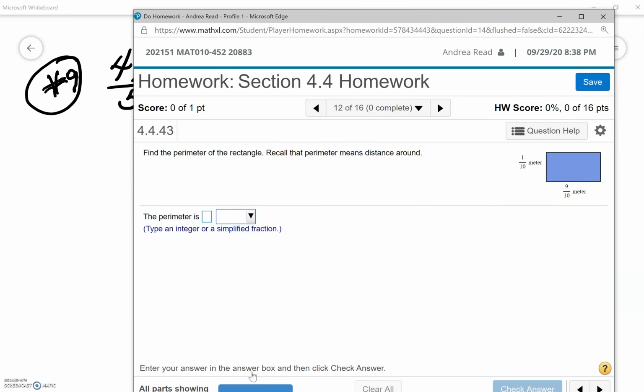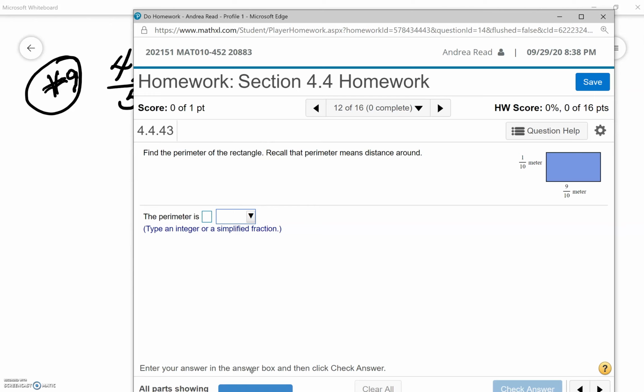number 12, if you notice there's only 2, but when you're adding a perimeter, you need to add up all sides. So for this one, you're going to duplicate the number. So it's going to be 1/10 plus 1/10, and then 9/10 plus 9/10. They just eliminated some. Just know that when it comes to these squares, 2 sides are exactly the same.